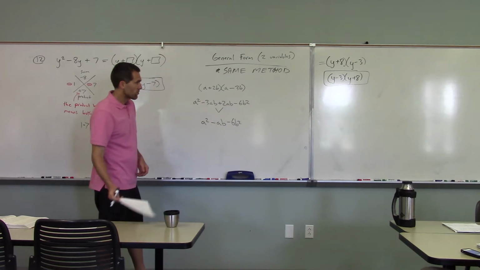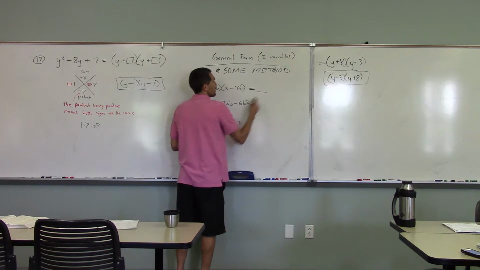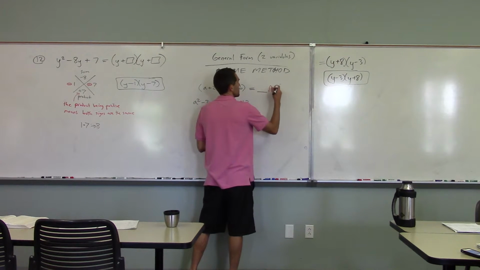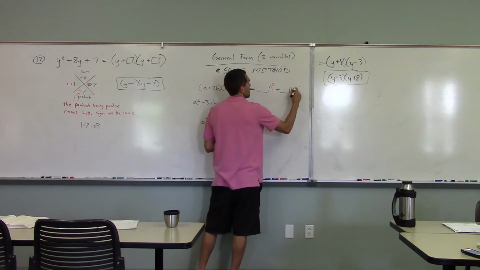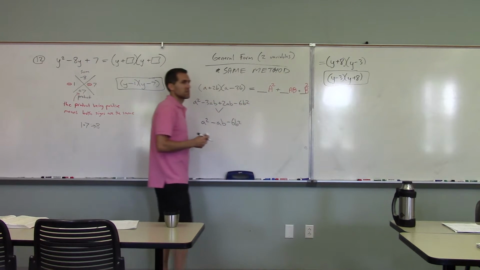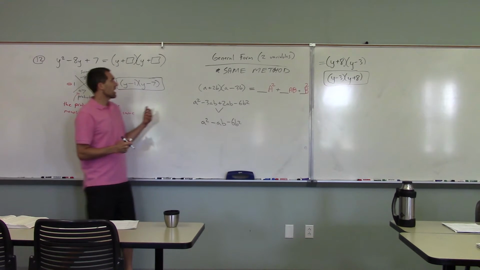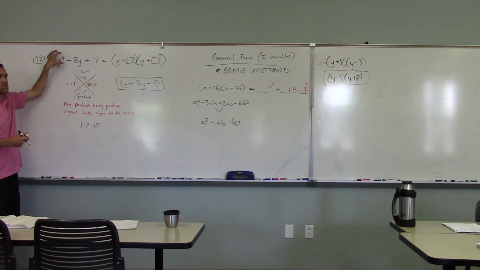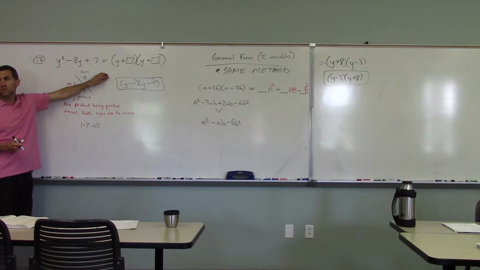And my general format is some number of a squareds, plus some number of ab's, plus some number of b squareds. So my general format is just like I had on the other problems. I started with a variable squared, that variable to the 1 power, and that variable not present in the third term.